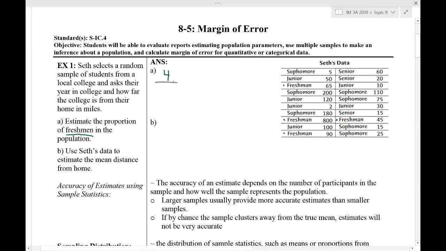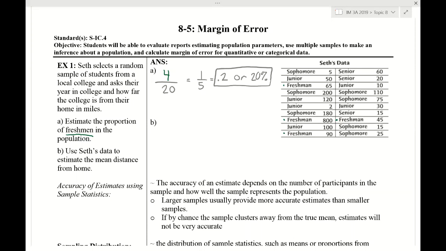If I count how many people there are total, there's 20 people in the sample. So if I divide 4 by 20, that's 1/5, which is 0.2. Or I could write that as 20%. So based on Seth's sample, 0.2 or 20% of the college is freshmen.